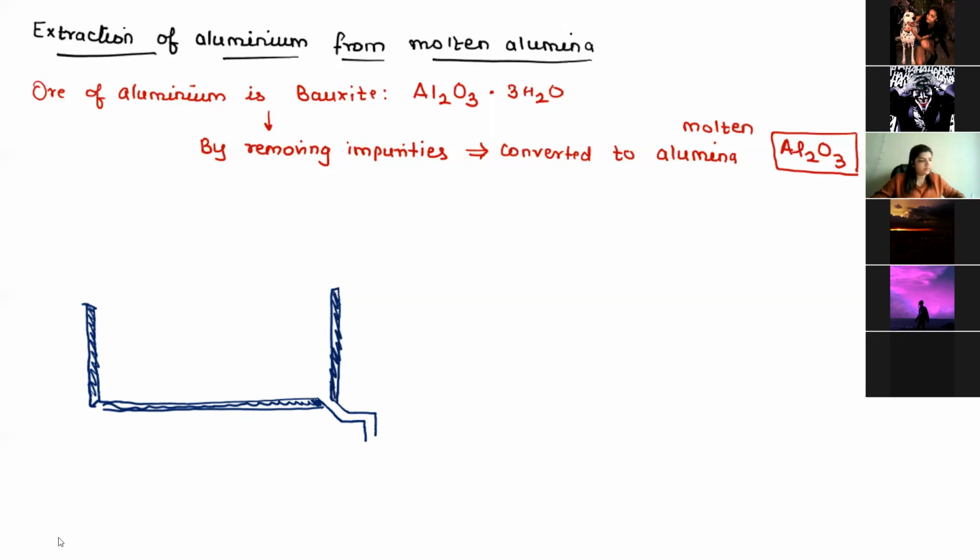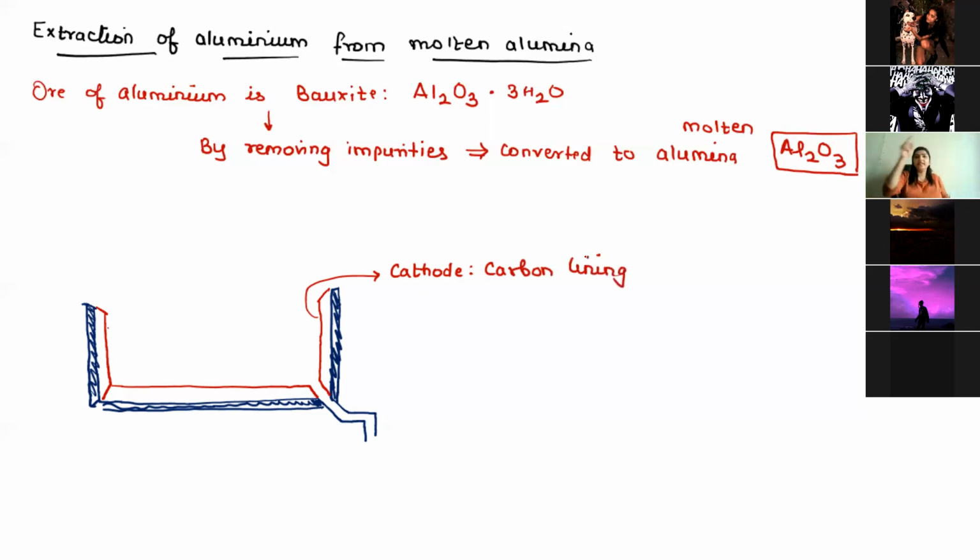The inner layer is the cathode. There's a coating of inner layer which is the cathode, which is carbon lining. So the inner layer in the steel tank is the cathode, which is carbon lining.